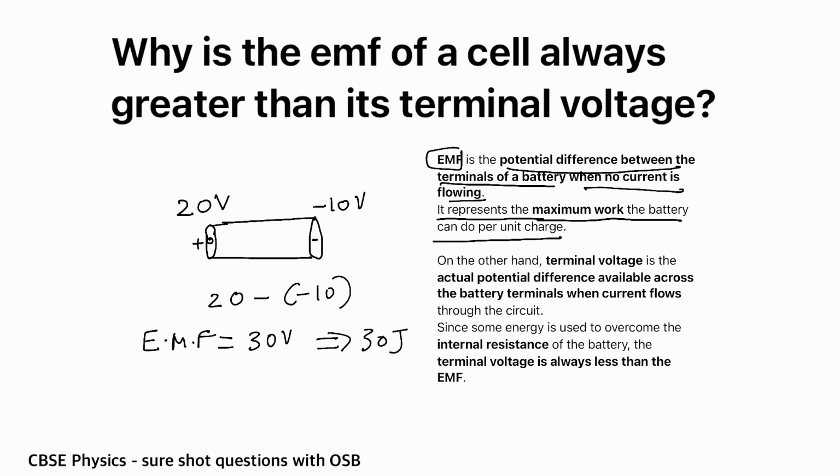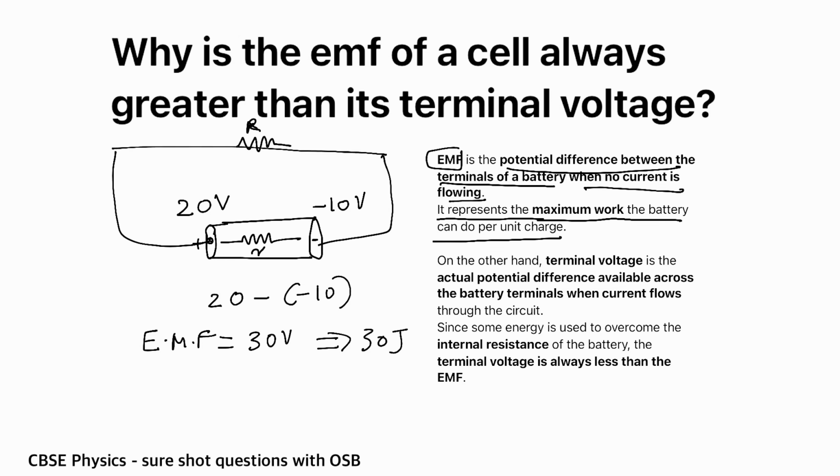We are going to connect this positive terminal and negative terminal, correct? And remember, the battery can do a work of 30 joule maximum, right? Now, current is flowing through two regions: one is outside the battery, where we have external resistance, and the other is inside the battery, where we have internal resistance. This 30 joule of the battery will be used for two purposes.